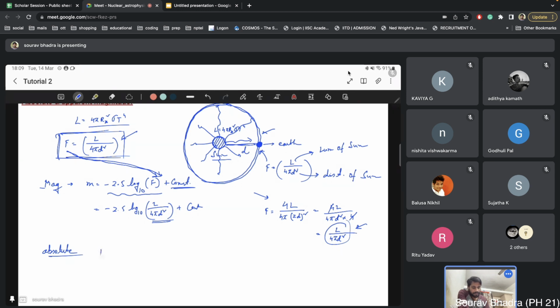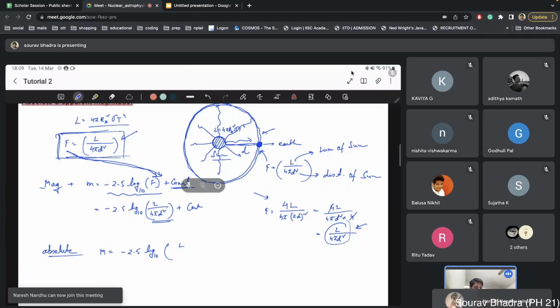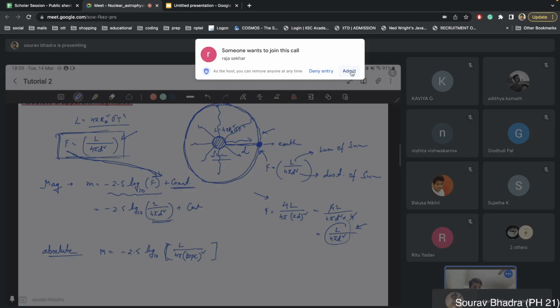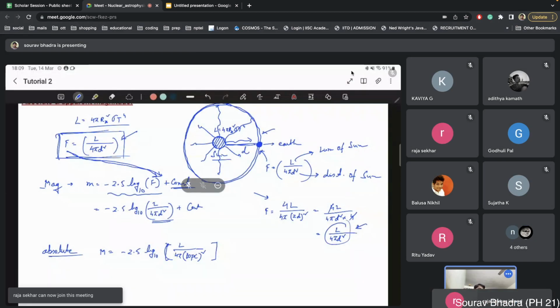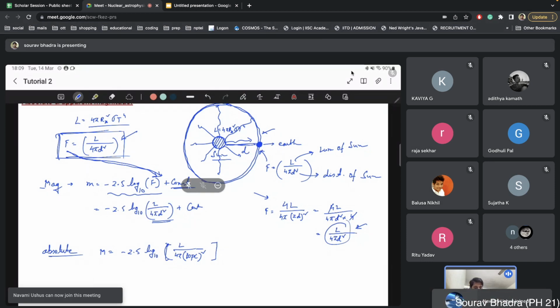Capital M, the absolute magnitude, is the same as the previous case, but in the apparent magnitude it was the distance d, and now the distance is used as 10 parsec. That means it is the flux if the star were located at a distance of 10 parsec instead of any arbitrary distance. That's why it is called the absolute magnitude.